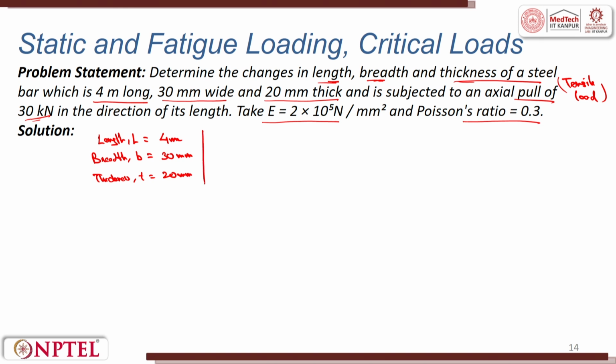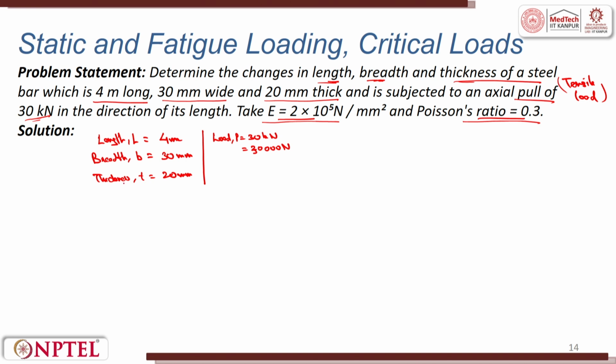Also we have been given the pull value, that is the load. Load P is equal to 30 kilonewton, or 30 into 10 raised to power 3, that is 30,000 newtons, and the Young's modulus and Poisson ratio are given.